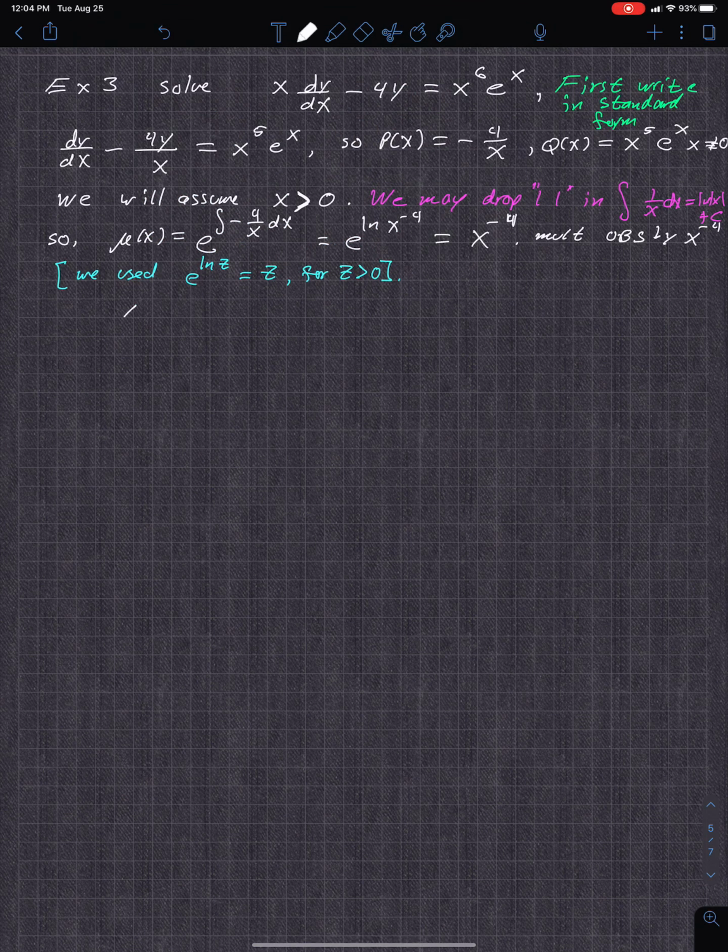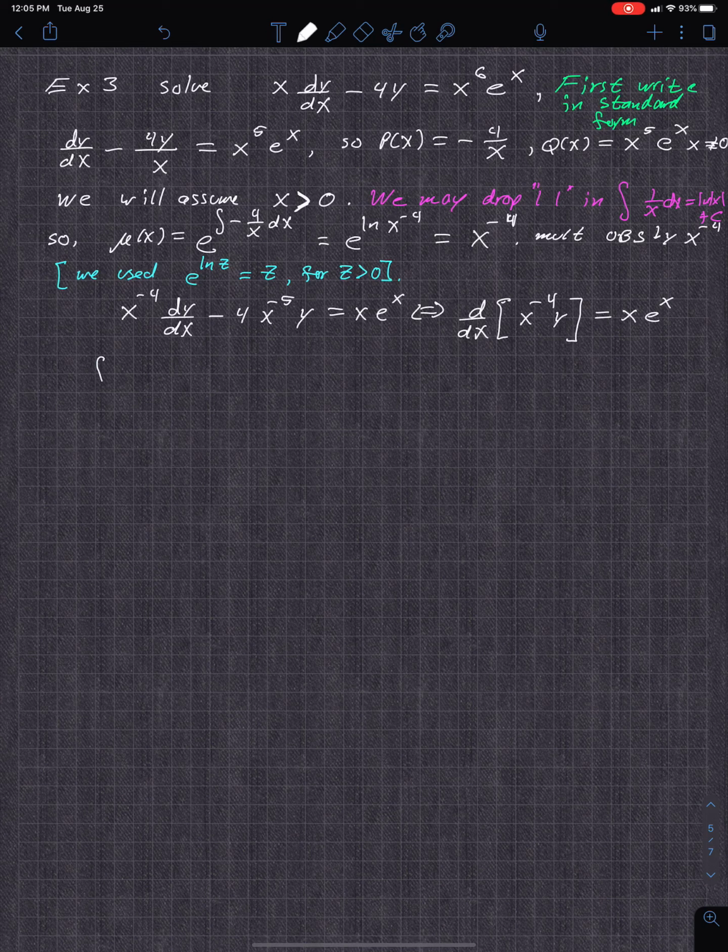So let's show it. x to the negative 4 dy/dx minus 4x to the negative 5 y equal to xe to the x, simplifying the right-hand side. So the left-hand side is just d/dx of x to the negative 4 y, equal to xe to the x.